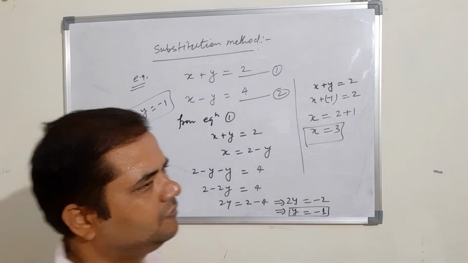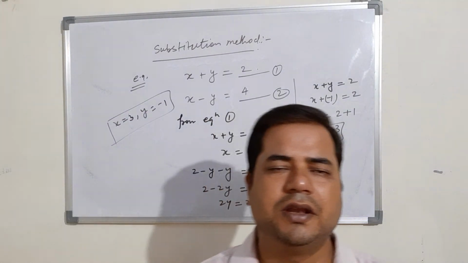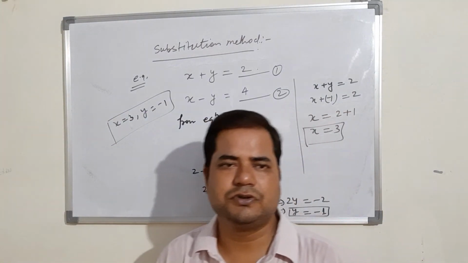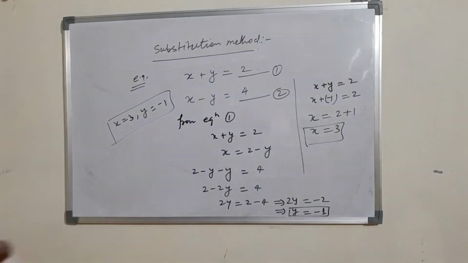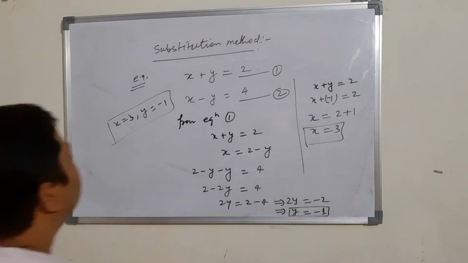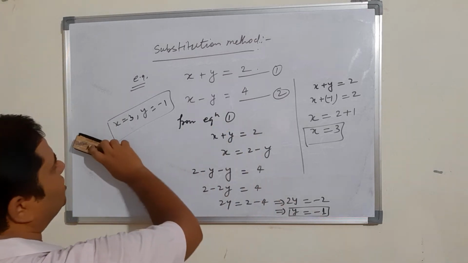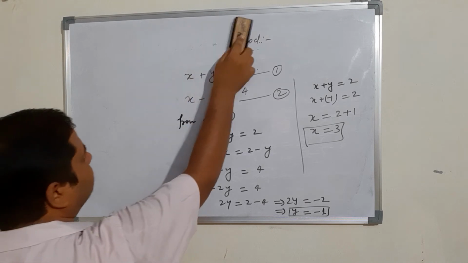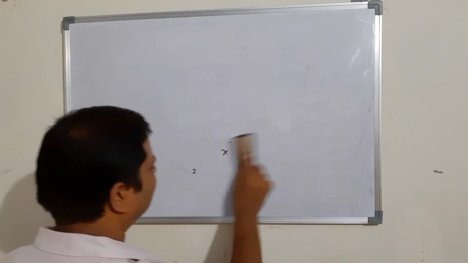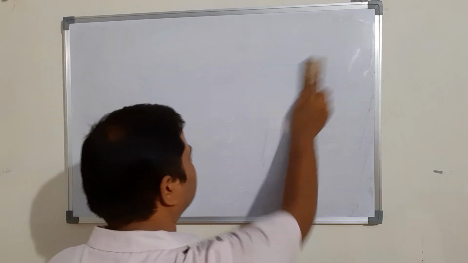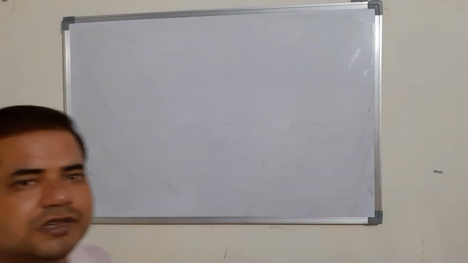In this manner, we solve the pair of linear equation by substitution method. Okay. So next method is elimination method.